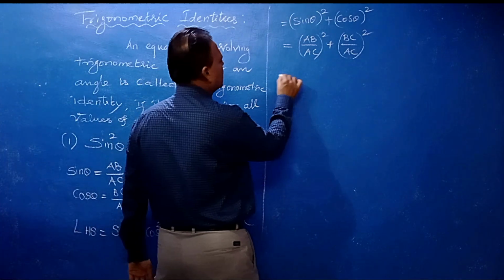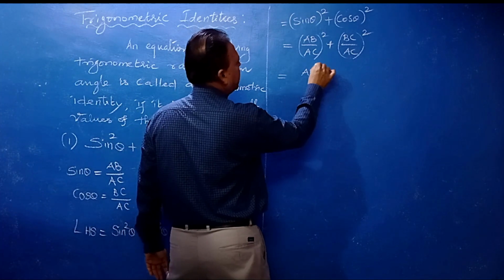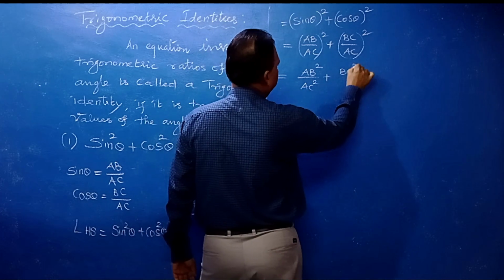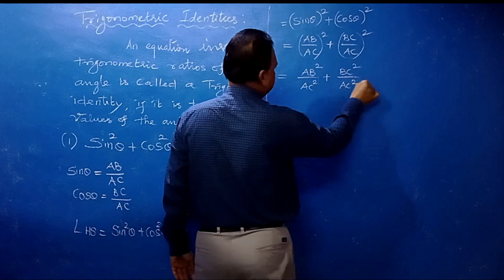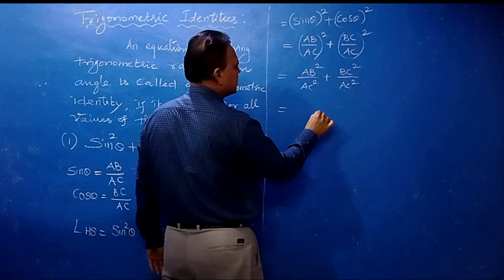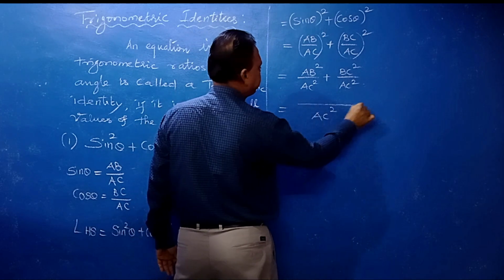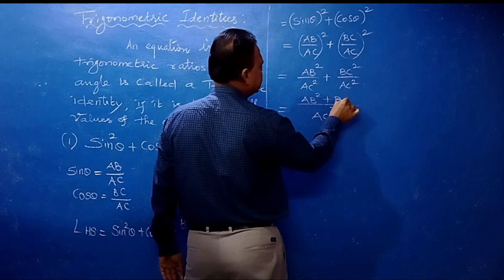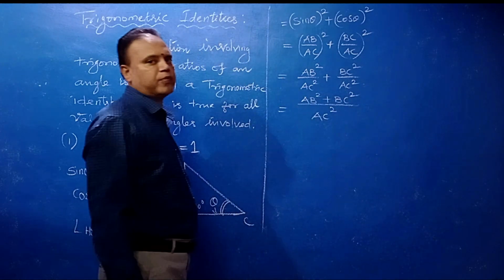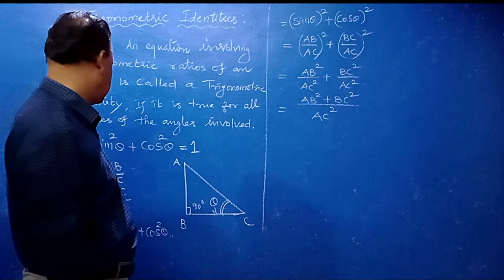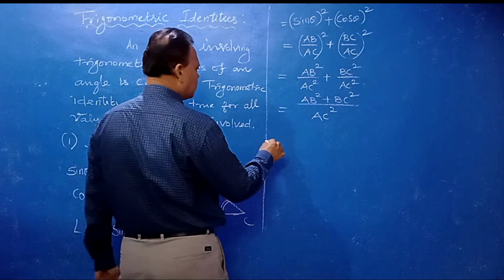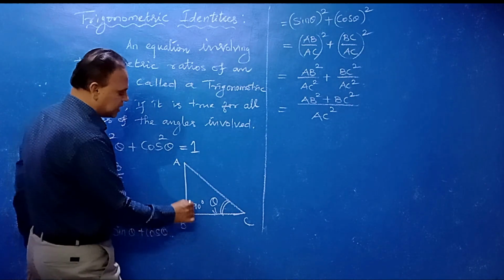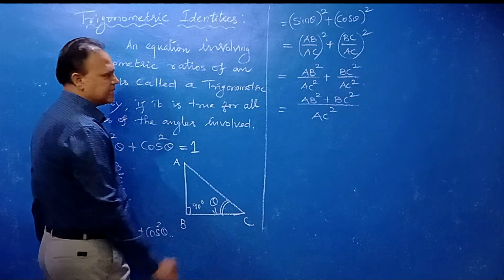Understand? You replace cos theta and sin theta. Now, squaring, AB squared by AC squared plus BC squared by AC squared. Now, what you have to do? AC squared you take common, means AB squared plus BC squared over AC squared. But we know that by Pythagoras theorem, AB squared plus BC squared is nothing but AC squared.